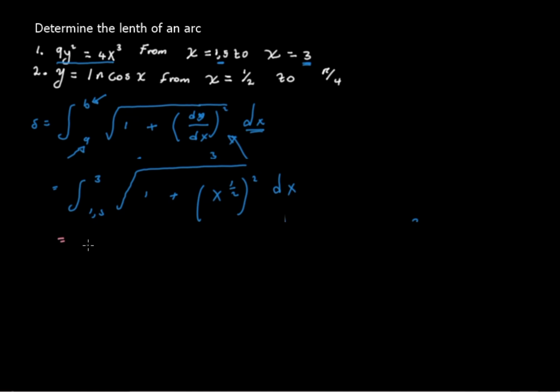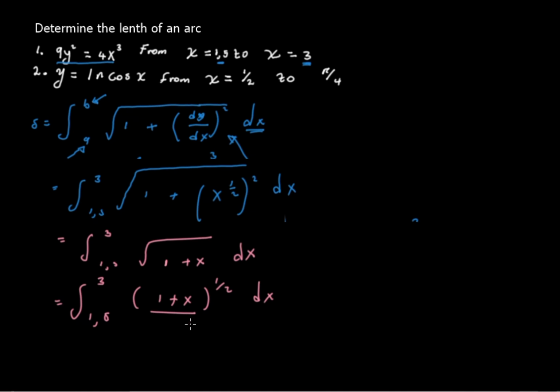Now let's try to simplify this. It's going to be the square root of 1 plus x dx, from 1.5 to 3. Now let's integrate this function. You know that this is the same as 1 plus x, all to the power of 1 over 2, dx.